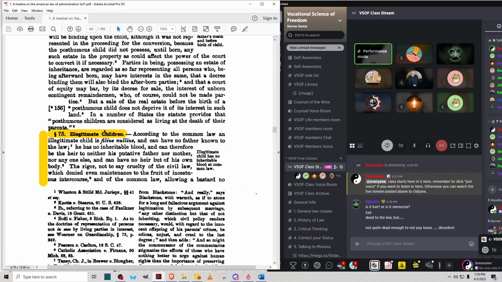What they're doing is they're making us all be illegitimate under the law. Because if you read the birth certificate, it'll have the father's name and the mother's maiden name, not her married name. So on the birth certificate itself, it creates a situation, by presumption, that the child is illegitimate, is a bastard.